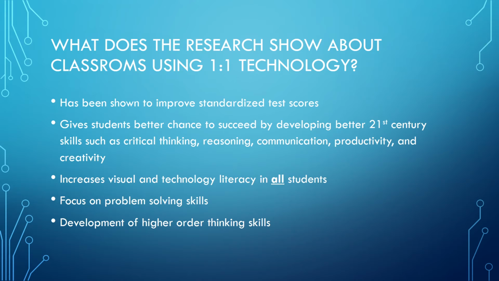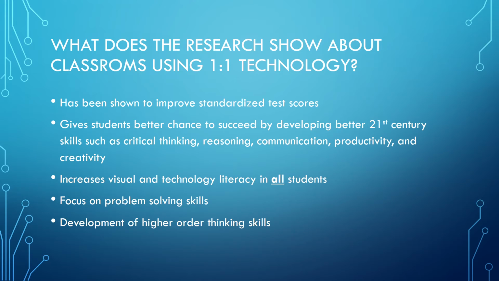It gives students a better chance to succeed by developing better 21st century skills in areas like critical thinking, reasoning, communication, productivity, and creativity. One-on-one technology increases visual and technology literacy in all students.